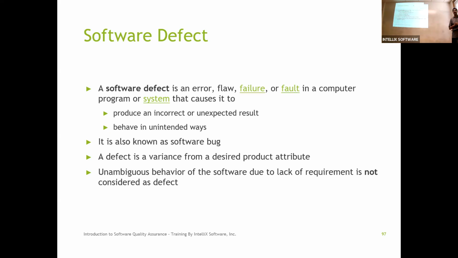So if you identify that the system is behaving this way, and the user says, oh yeah, I forgot to tell you the requirement, that's not a bug. That's a missing requirement. The system is still behaving as described in the requirements document, but the requirements document was not complete. That's a different problem.